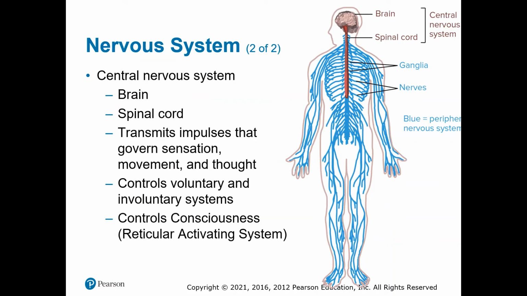The nervous system is the central. We've got the central nervous system and then you've got your peripheral nervous system. Your central nervous system includes the brain and the spinal cord. This transmits impulses that govern sensation, movement, and thought. It controls the voluntary and involuntary systems, and it also controls consciousness, or the reticular activating system.